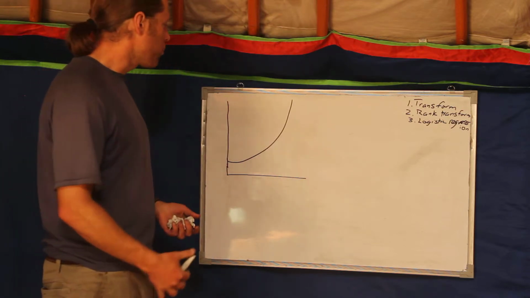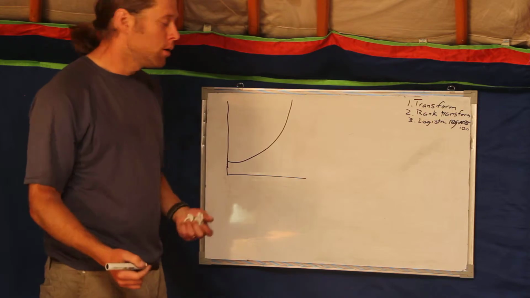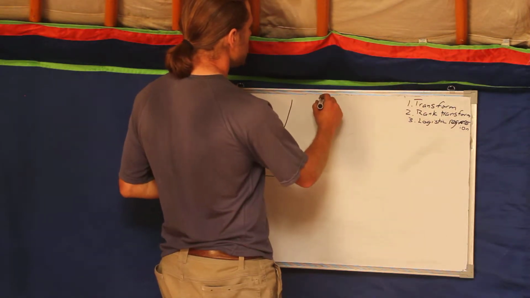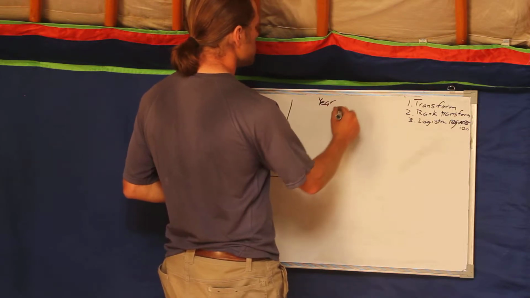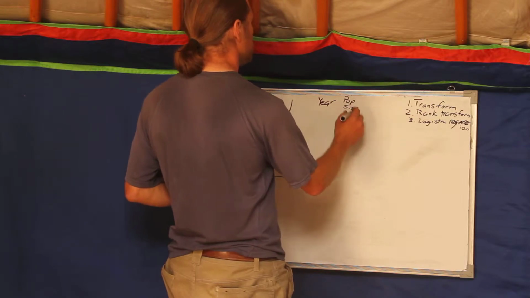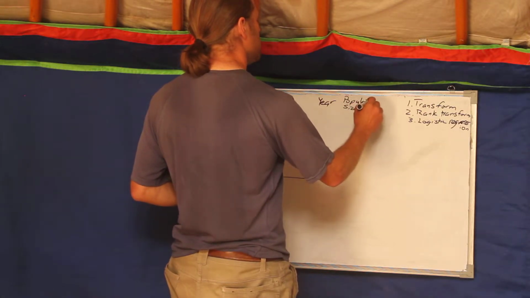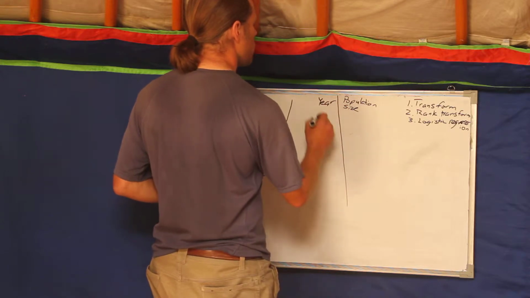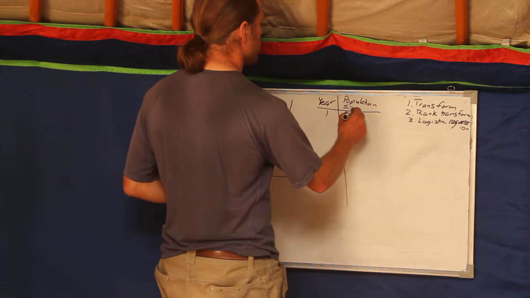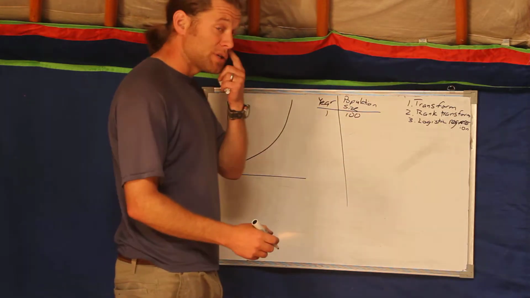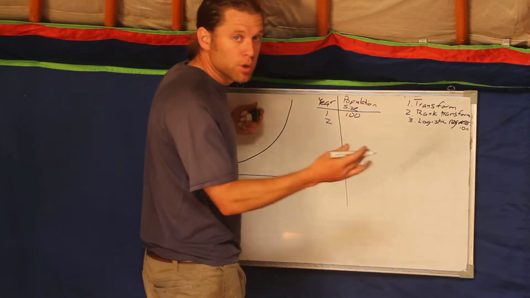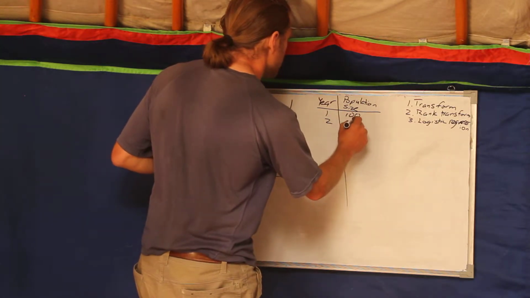So, for example, say you were measuring a kestrel population, and this is the year, and this is the population size. Let's say you start off in year 1 and you have 100 kestrels. If you're growing by 10% a year, in year 2 you'll have 10% more than 100, which is 110.